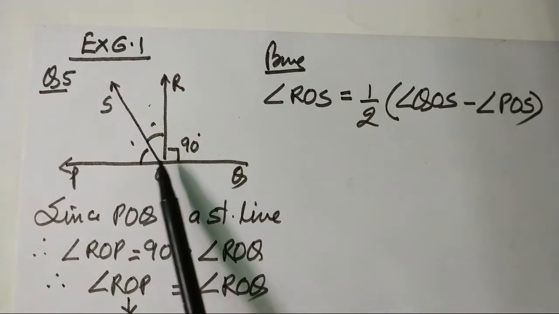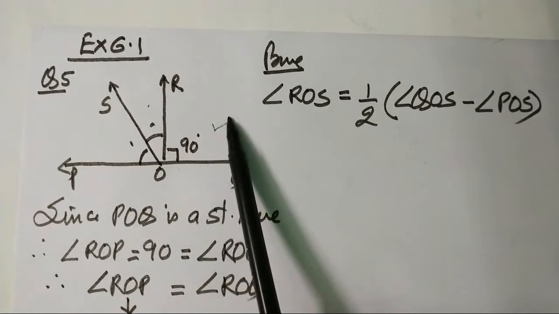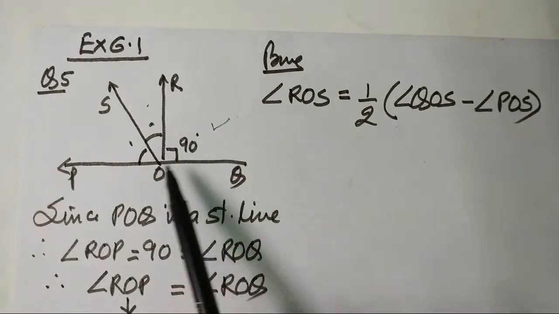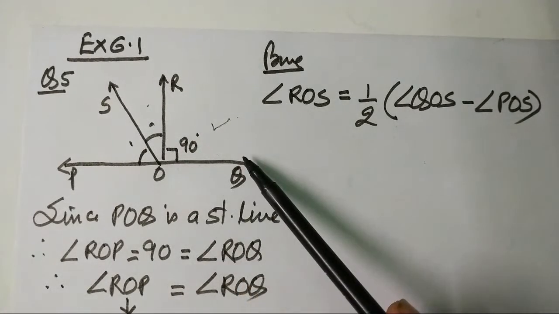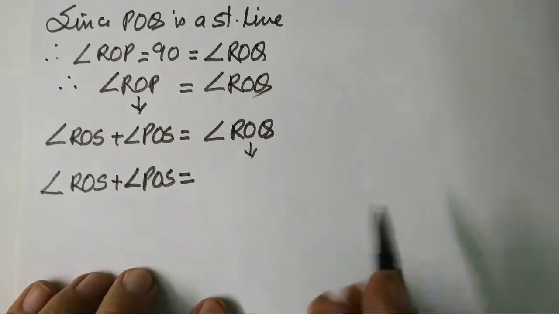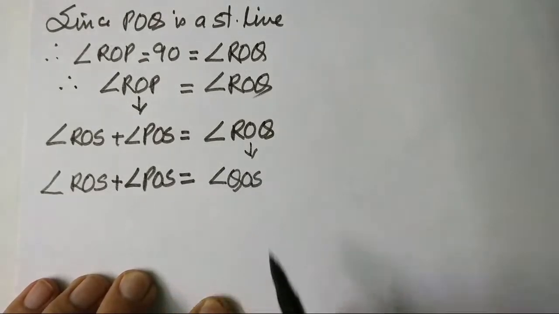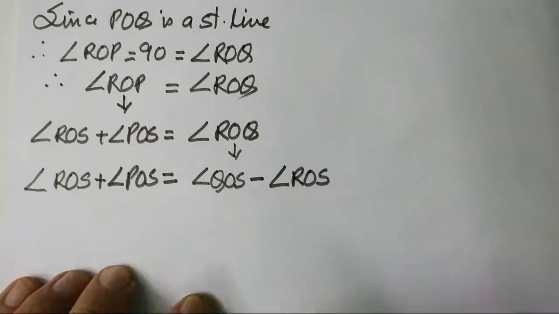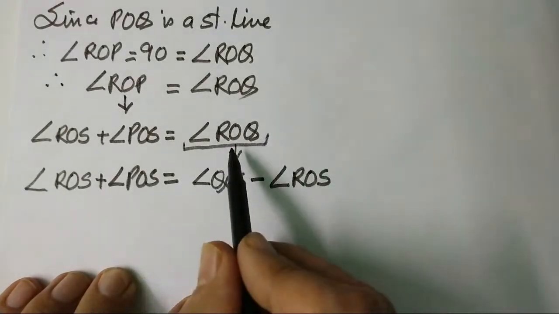Therefore, I am writing that ROQ can be obtained by subtracting full angle minus this angle. So I will replace the name ROQ as angle QOS minus angle ROS. This is another name I can give to this.